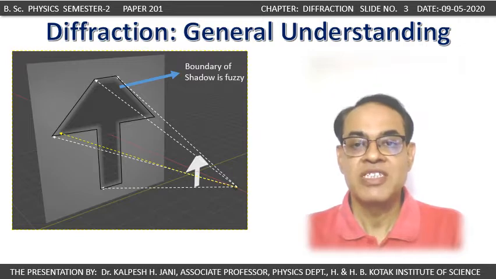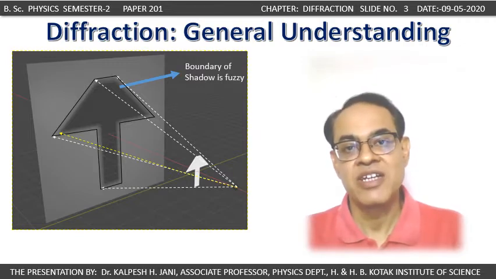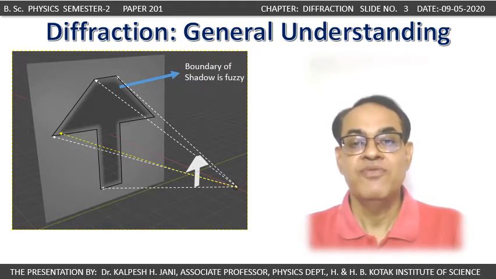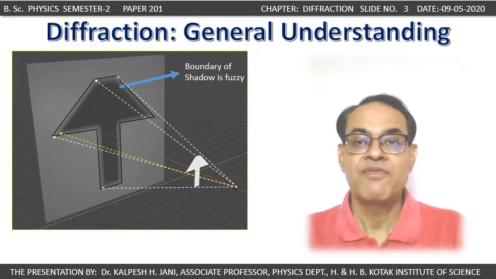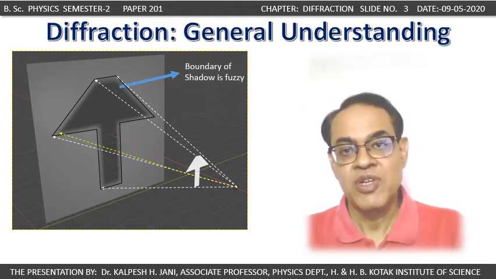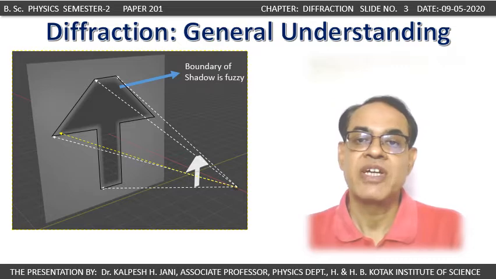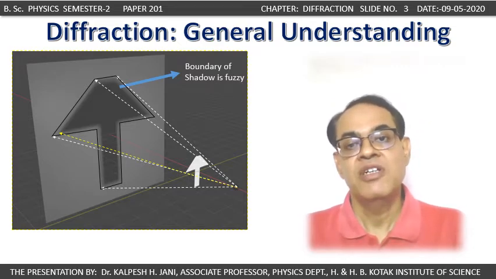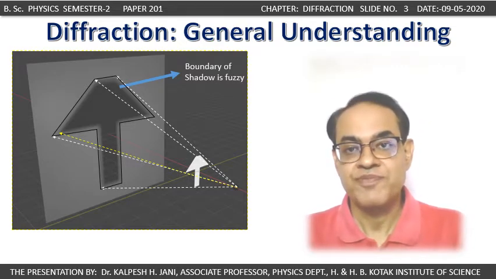So these rays must have been deflected from the edge of the obstacle. So we expect some type of deflection of the light rays which are passing at the edge or in the vicinity of the edge of the obstacle. This is the inference that we can make from this fact of the fuzzy shadow.